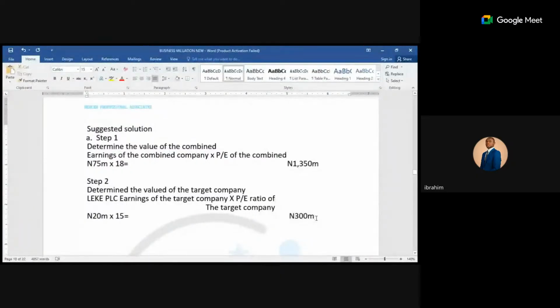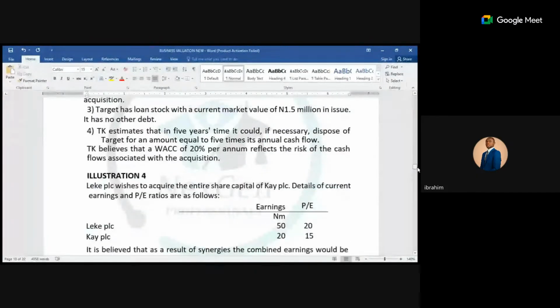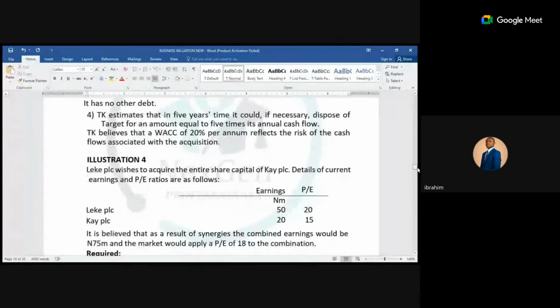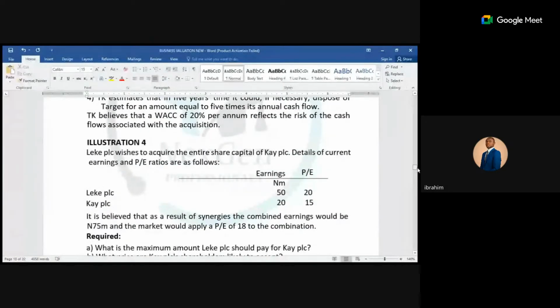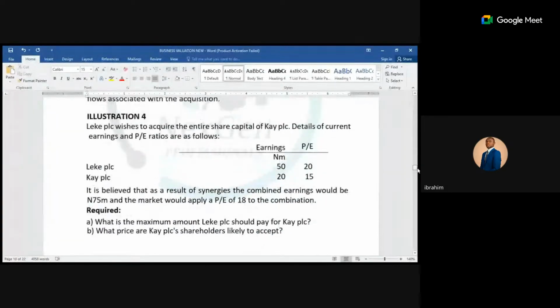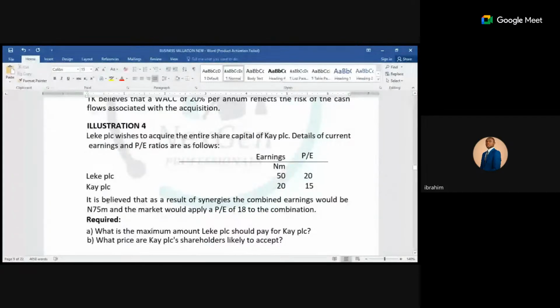When you subtract this... no, if you multiply 20 times, this is 20, right? Okay. Now, you have the combined company here, which is this.